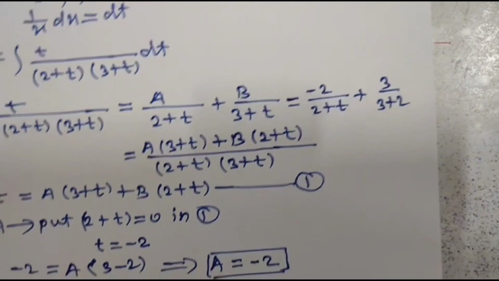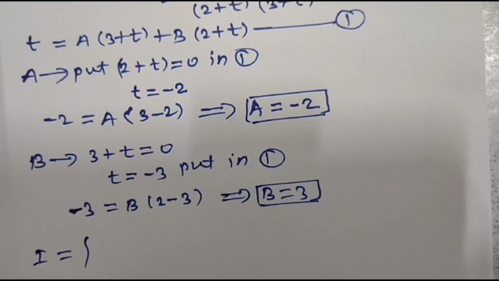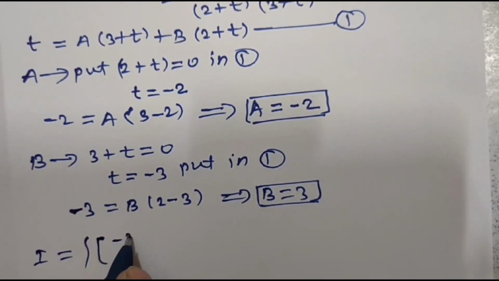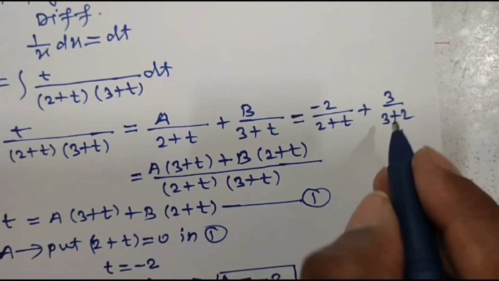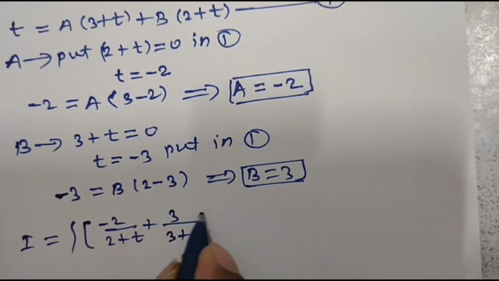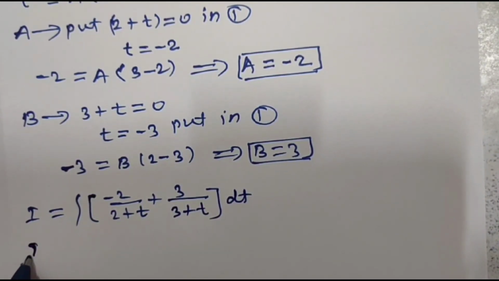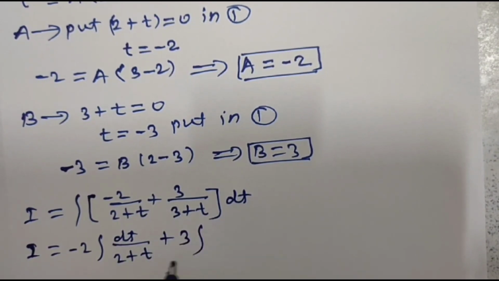Now for the integral I, we can write I is equal to the integral of minus 2 upon 2 plus t plus 3 upon 3 plus t, integral with respect to t. Separate the integrals. I is equal to minus 2 integral of dt divided by 2 plus t plus 3 integral of dt divided by 3 plus t.